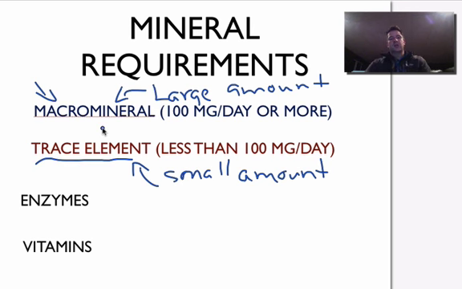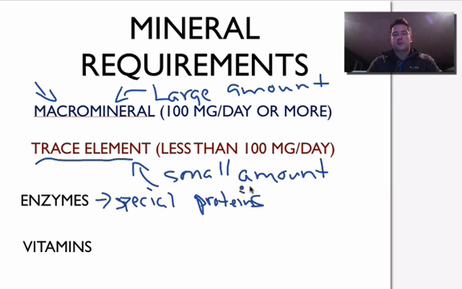So remember, when we have minerals, enzymes are part of those minerals in our bones, and these are special proteins. And remember, enzymes are a form of a catalyst, or they can be.